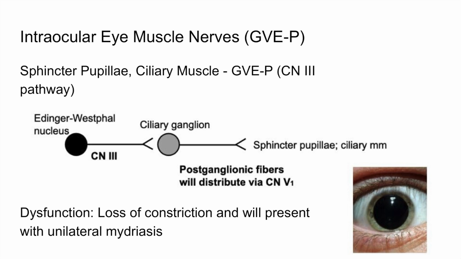This is another classic example of that hitchhiking, where V1 is just acting like a delivery route, but not the original source of the signal. So the final targets are the sphincter pupillae, which constrict the pupil, and the ciliary muscle, which controls lens accommodation for near vision. Clinically, this pathway is most often tested through what happens when it fails. If the parasympathetic fibers carried by cranial nerve 3 are disrupted, you lose the ability to constrict the pupil.